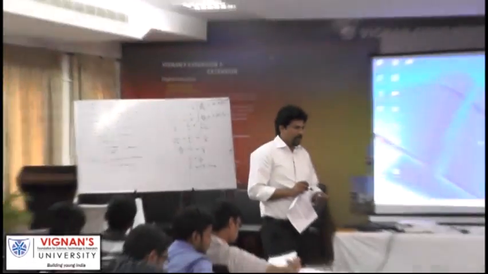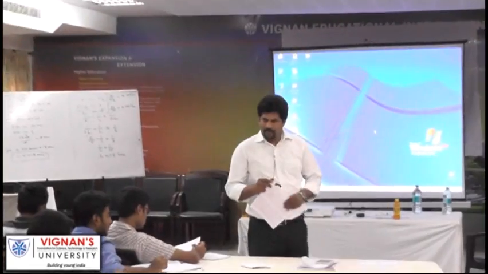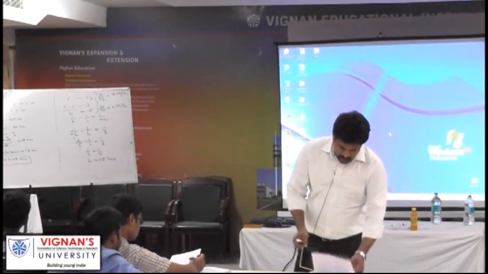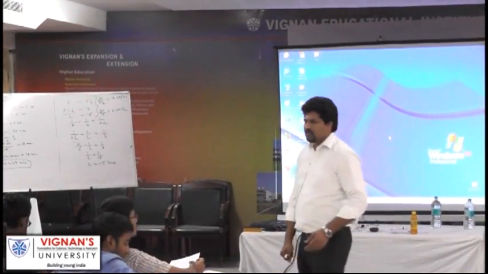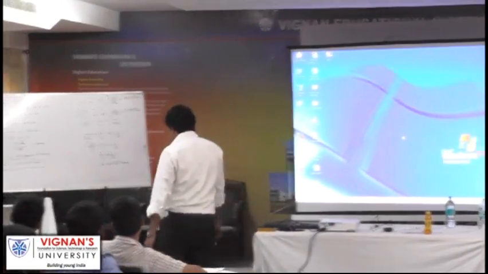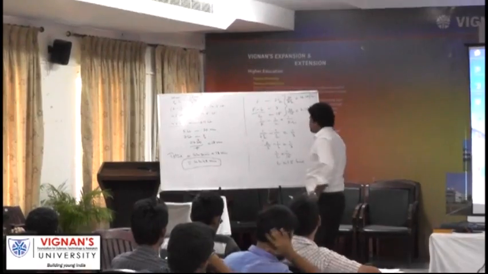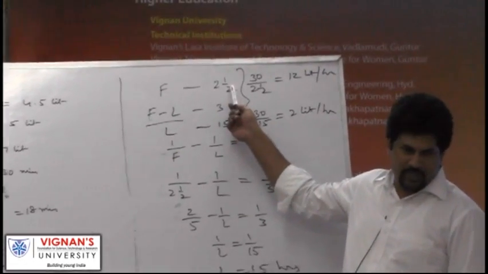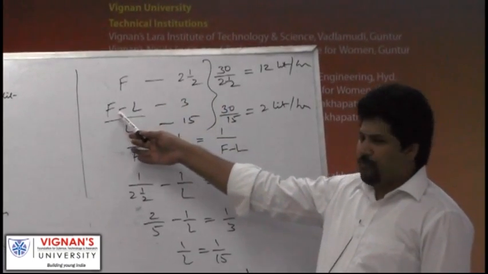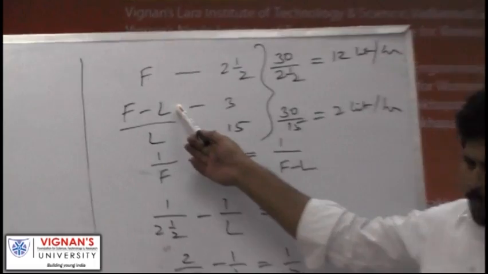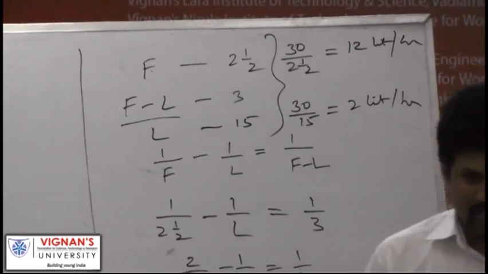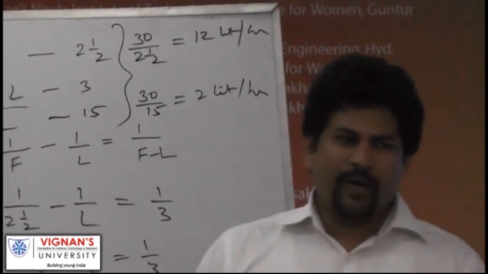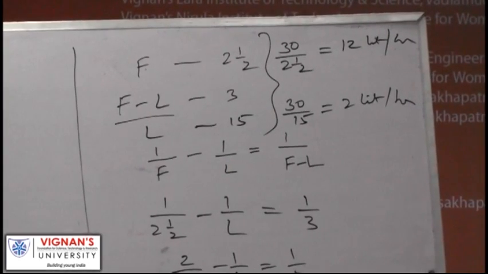This is a very complex one. I repeat one more time because this kind of problems test your concepts. Filler alone can fill a tank in 2.5 hours, whereas filler and leak, when the leak is open, it takes 3 hours, half an hour extra. Now we are finding out the capacity of the leak.